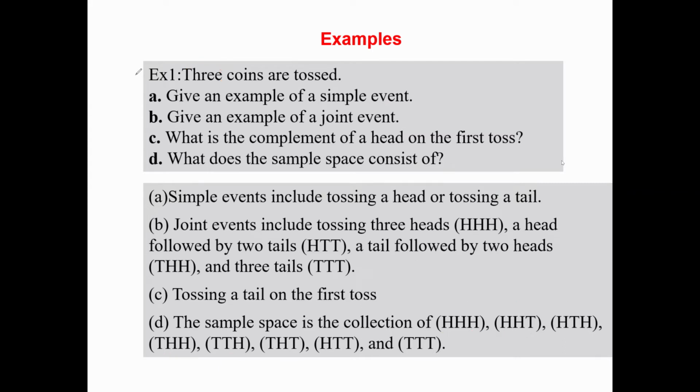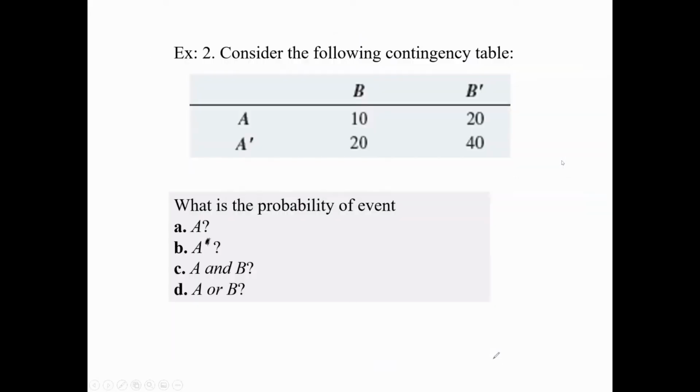All right, let us move on to the next. Now let us look at this contingency table. There are events A and the complement of event A, A dash.